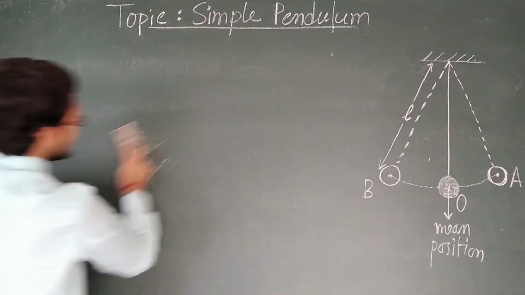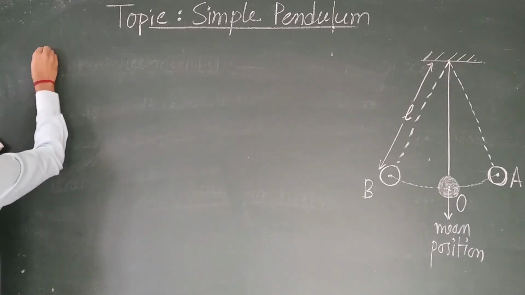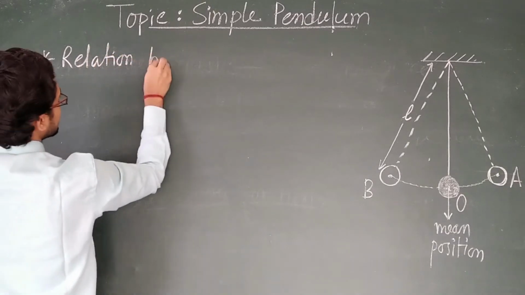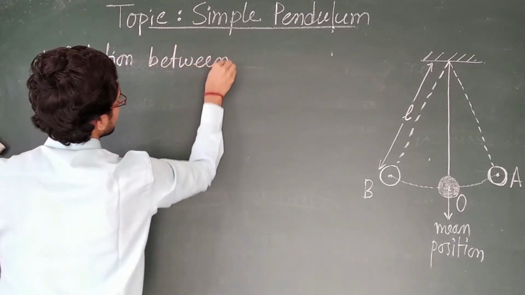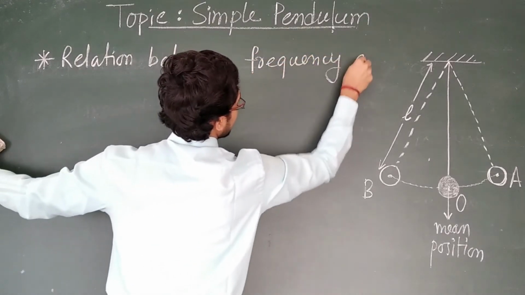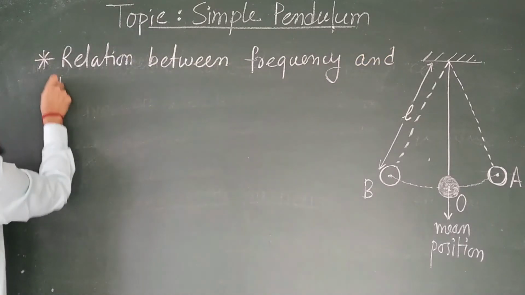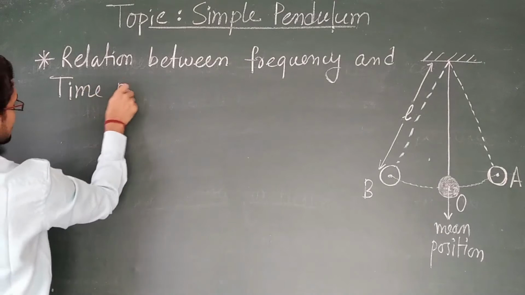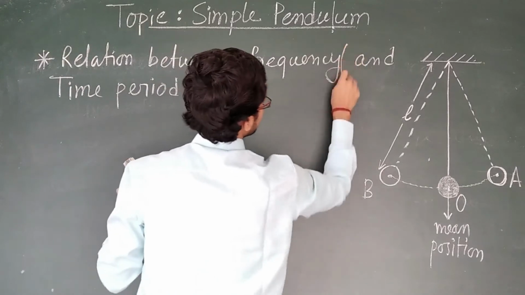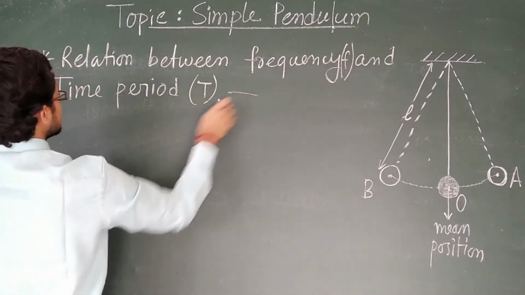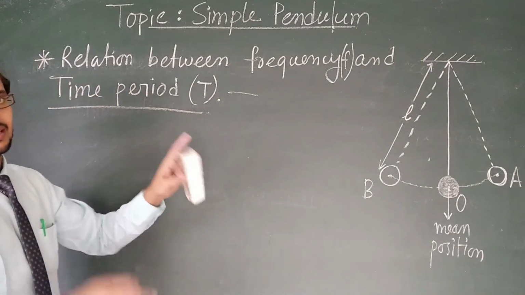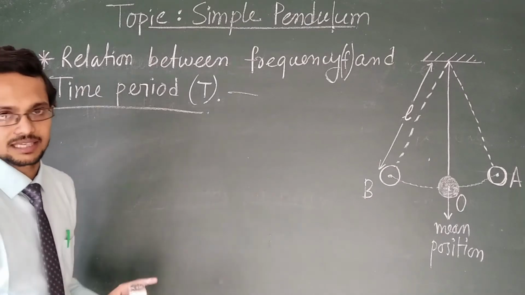Relation between frequency and time period. Time period is capital T, and for frequency write small f. What is the relation? Frequency means the number of complete oscillations in 1 second.